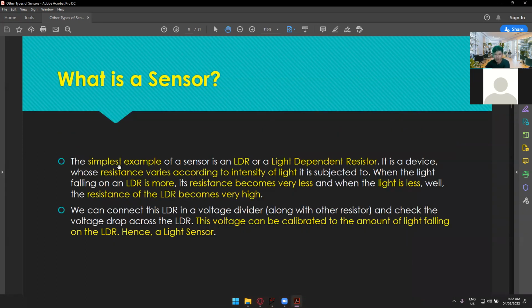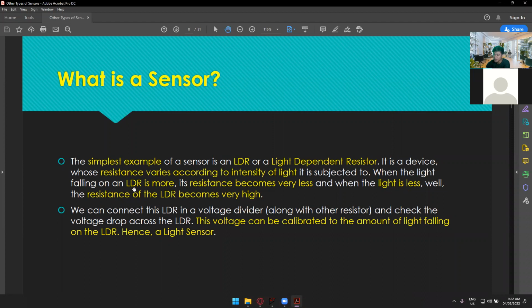Here's the simplest example of a sensor: an LDR, or light dependent resistor. It is a device whose resistance varies according to the intensity of light.